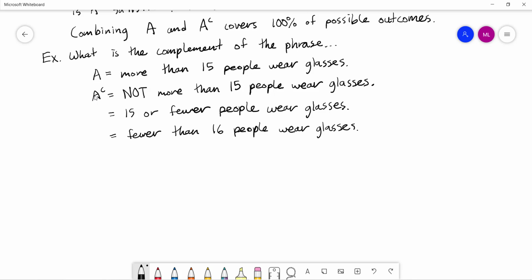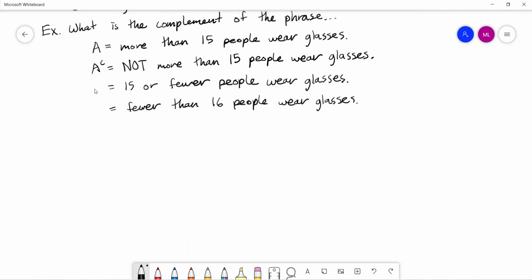So if we take the survey in the class and it turns out 10 people wear glasses, then A complement is the one that's satisfied. 15 or fewer people wear glasses because there's only 10. But if it turns out in our class that 18 people wear glasses, then A is satisfied. Any outcome we get will either satisfy A or A complement. And between the two of them, they cover 100% of every possible outcome that could occur.